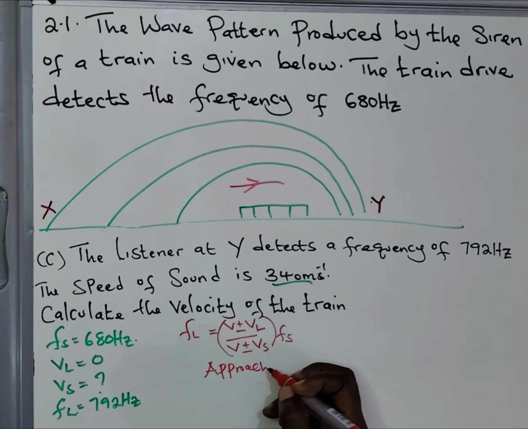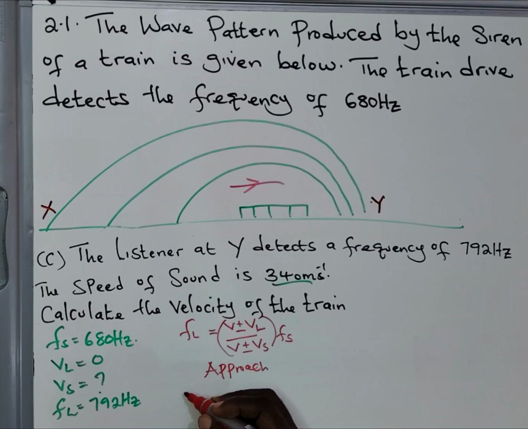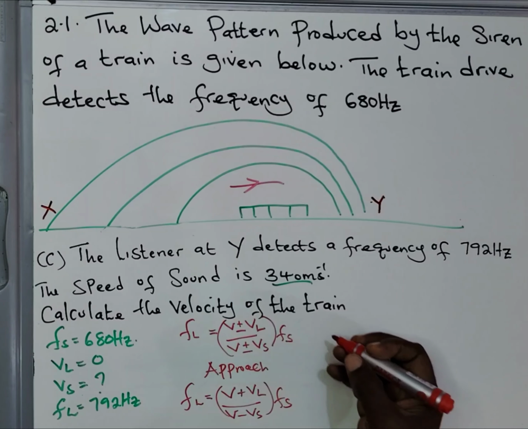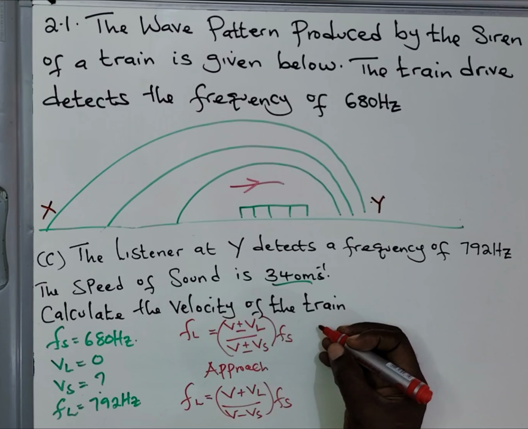And if it's approach, this equation can change to become frequency heard equals V plus VL over V minus Vs, all this one into Fs. So after getting this, then what do we do? We substitute.